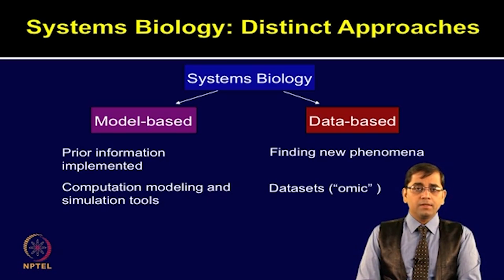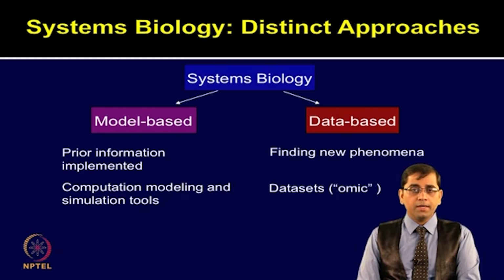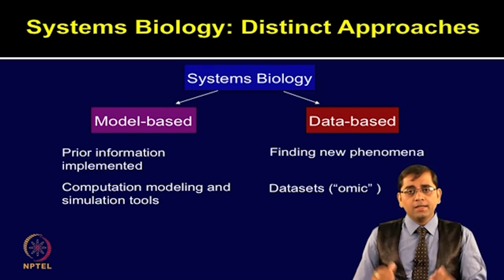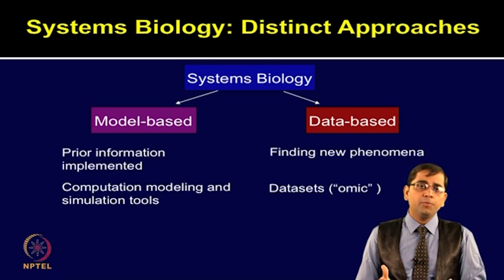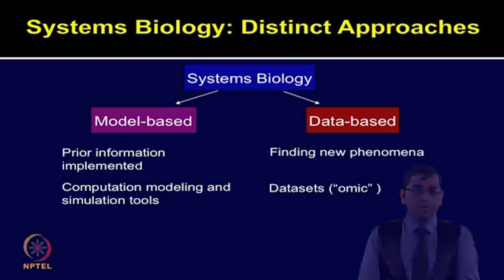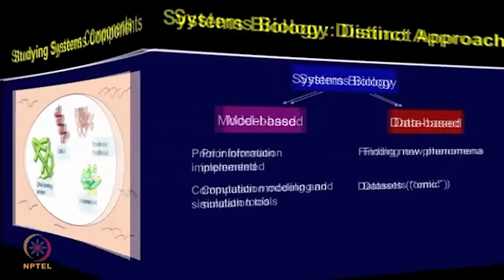The model based approach relies on computational modeling and simulation tools, whereas the data based methods rely on the omics data sets. In the model based systems biology approach, it is difficult to build detailed kinetic models, but in the data based approach, the complex relationship among various types of omics information, metabolic pathways and networks can be created.